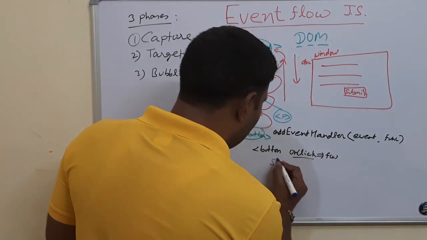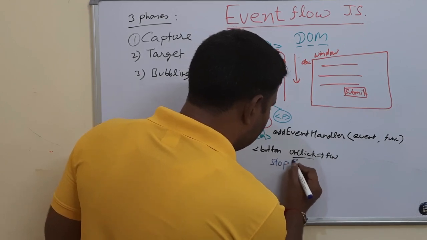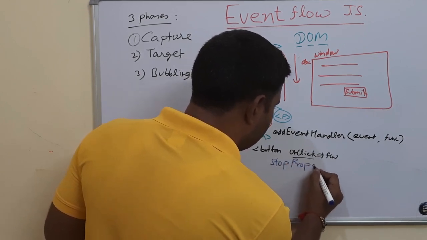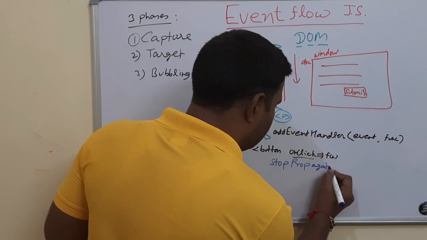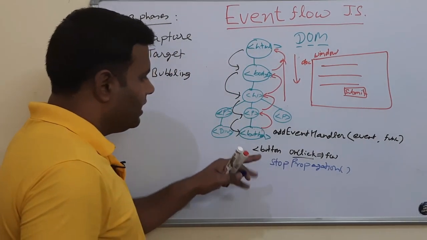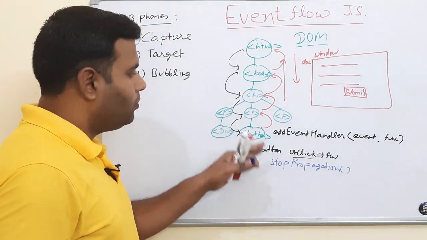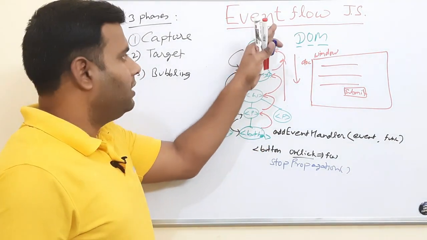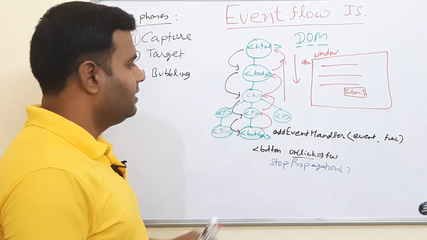So there is a function called stop propagation. This function on an element will stop the event from flowing to its parents, right?